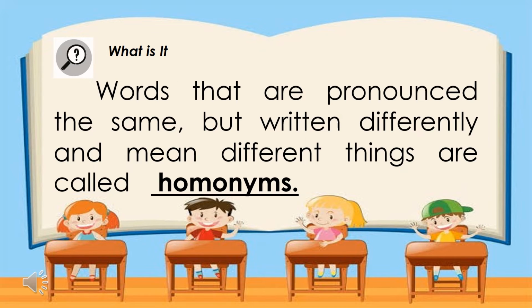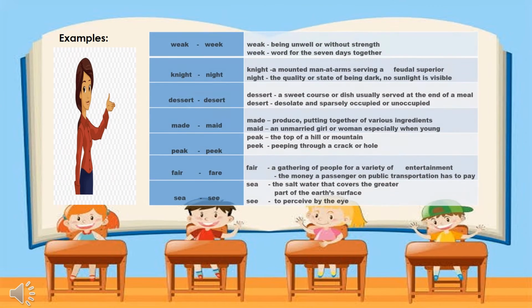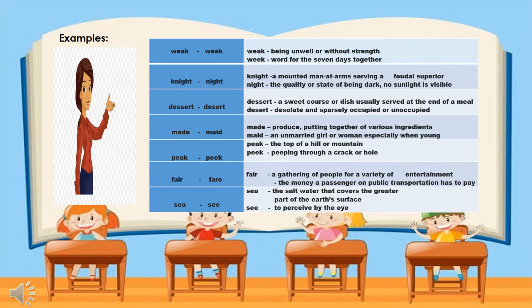Homonyms are words that are pronounced the same but written differently and mean different things. Examples: the words weak and week. The first weak is being unwell or without strength. The second week is seven days together.